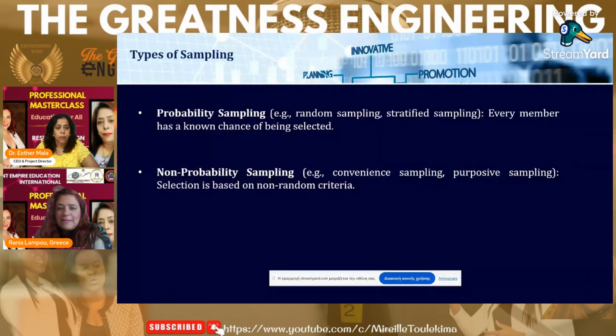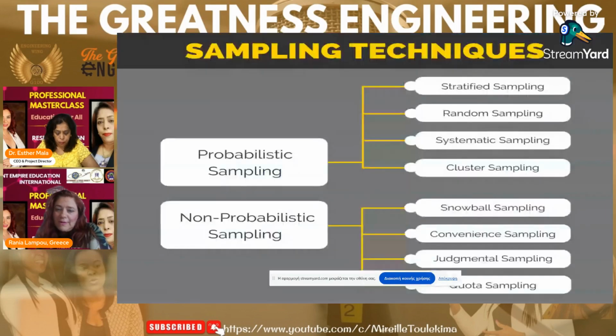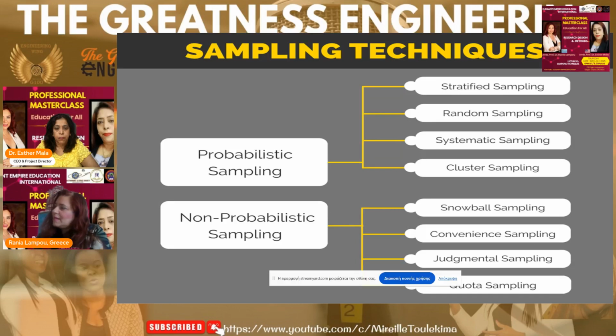In probability sampling, every member has a known chance of being selected, and non-probability selection is based on non-random criteria. Sampling, of course, is essential in research because it makes studying large populations manageable, efficient, and cost-effective, while still providing meaningful and valid insights if it's done correctly.